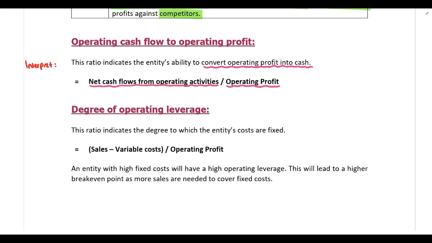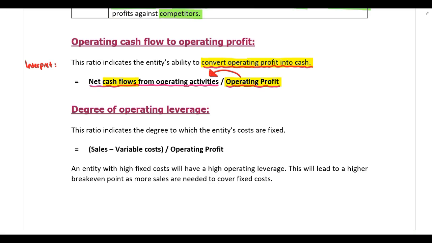So guys, we are looking at the entity's ability to convert their operating profit into cash flows. So you can see that just above in your interpretation. So guys, if you are struggling with the interpretation, look at what goes into the calculation. Look at the formula. The formula gives you the interpretation. We are looking at the entity's ability to convert their operating profit into cash flows.